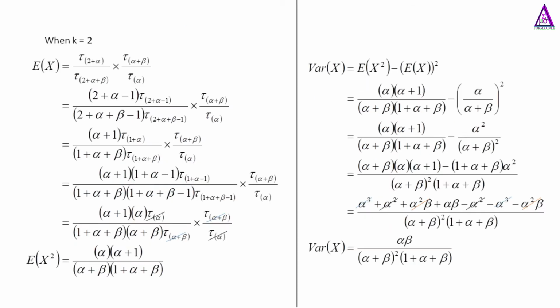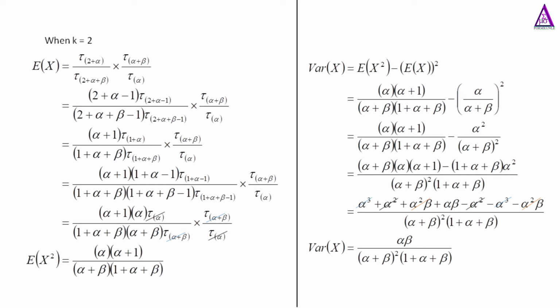So to obtain the variance of beta distribution, we need to find the expected value of x raised to power 2. And when we say that expected value of x raised to power 2, therefore we now say that any place we see k, we represent it with 2.